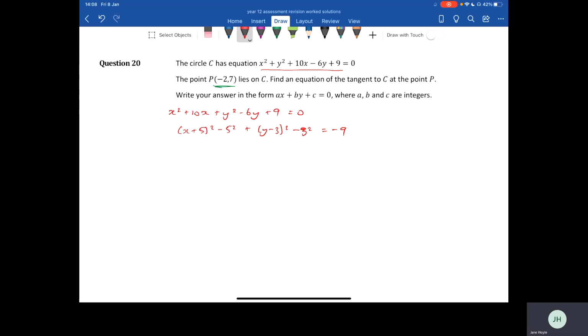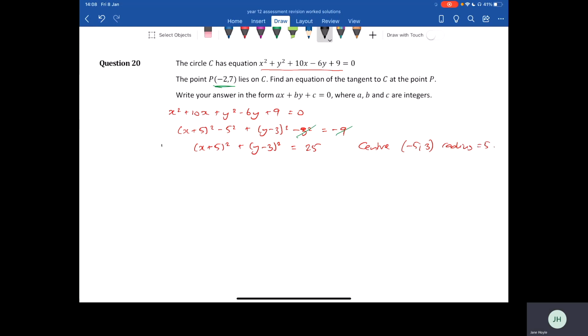So I end up with (x plus 5) squared plus (y minus 3) squared. This 9 and this 9 cancel, so all I've got on the right hand side is the 25. So I know that the centre is negative 5, 3. And the radius is equal to 5.